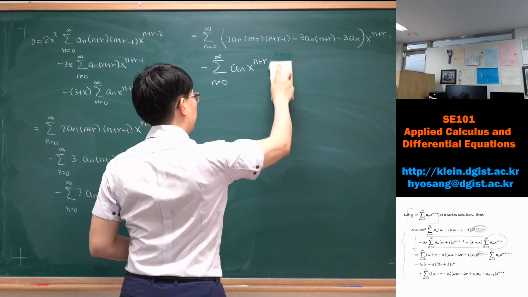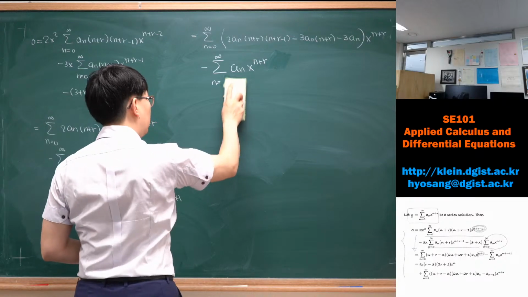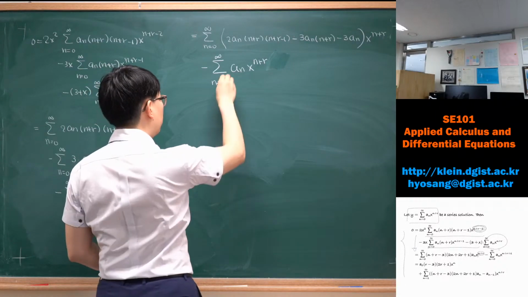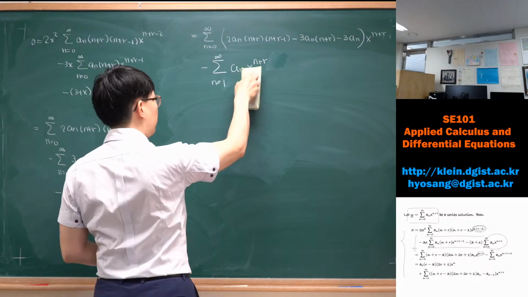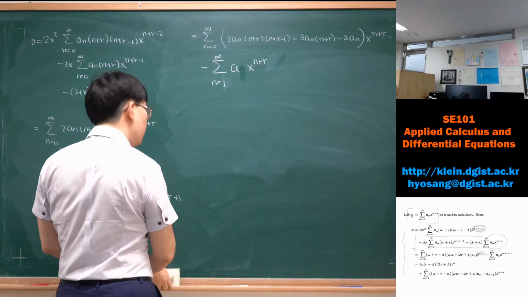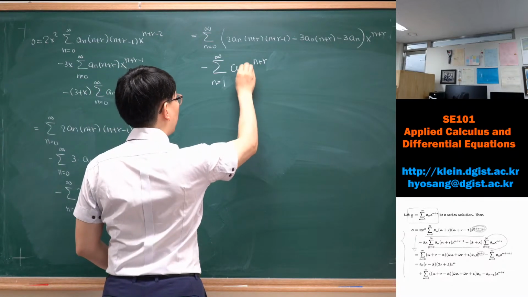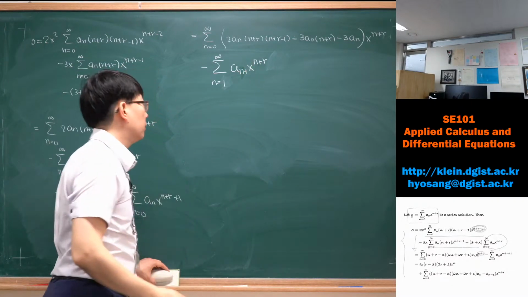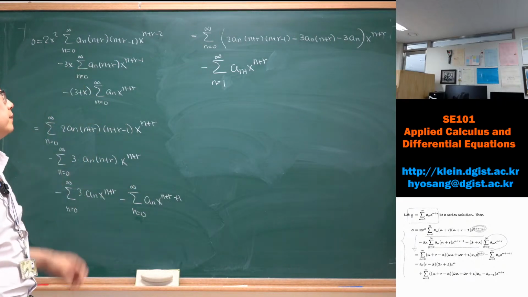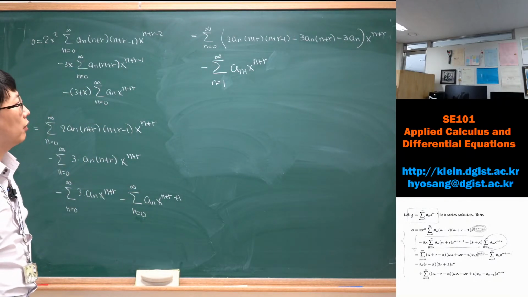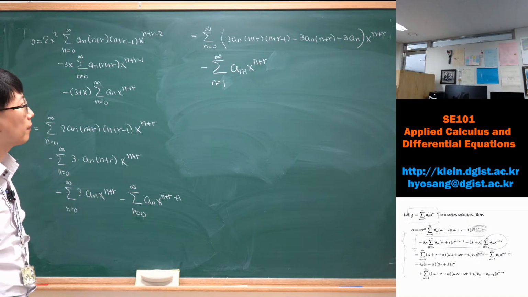So if I replace n plus 1 with n, then n is now from 1 to infinity, and then the original n now becomes n minus 1, right? This is the right formula, okay?